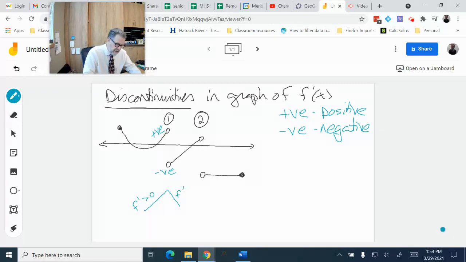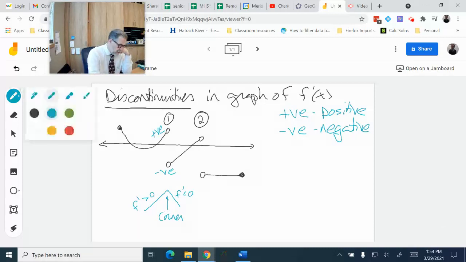And here's a negative slope, f prime less than 0. It can't be a maximum because there's no critical point there. You can't take the derivative at that point and say, oh, look, the derivative is equal to 0. So it can't be a smooth curve. It's got to be a corner right there. So we see a corner right there.